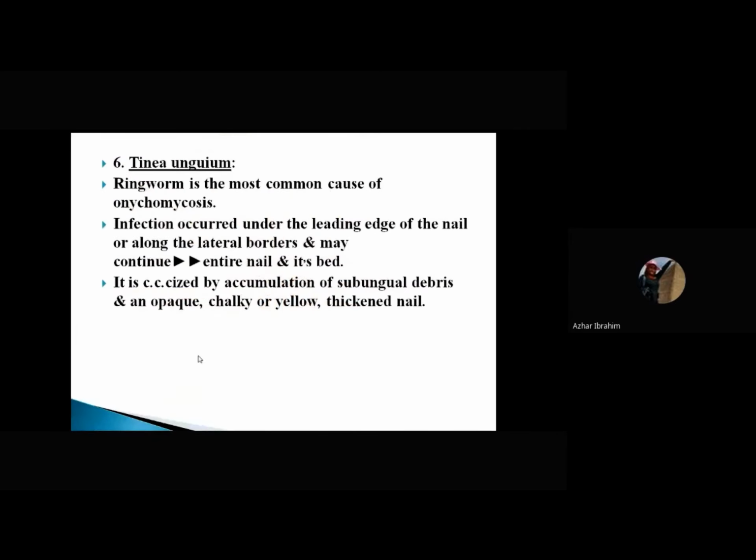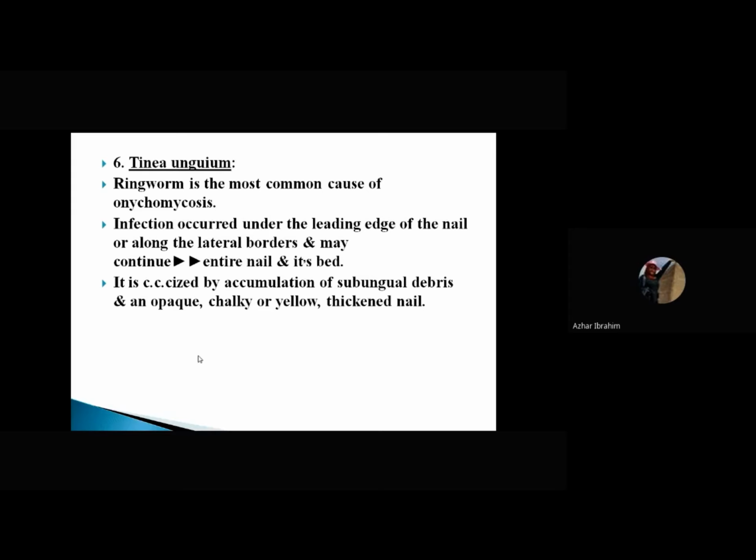Now, the sixth type of tinea is referred to as tinea unguium. Unguium is a Latin term meaning nail. It is the ringworm of the nails. There is a general term, which you will encounter in the future in medicine and dermatology, referred to as onychomycosis. What is the meaning of onychomycosis?